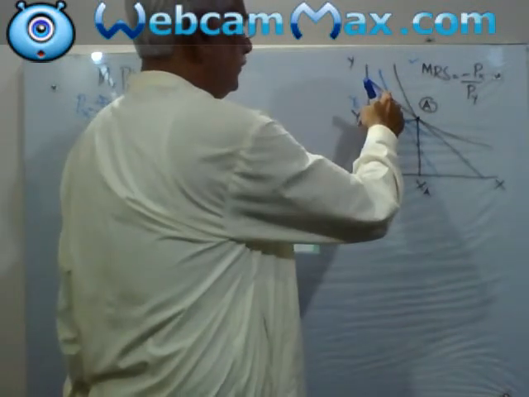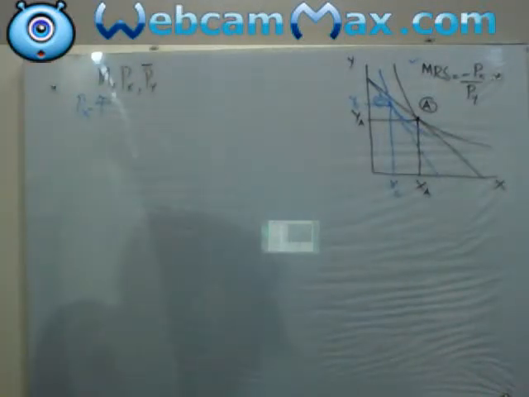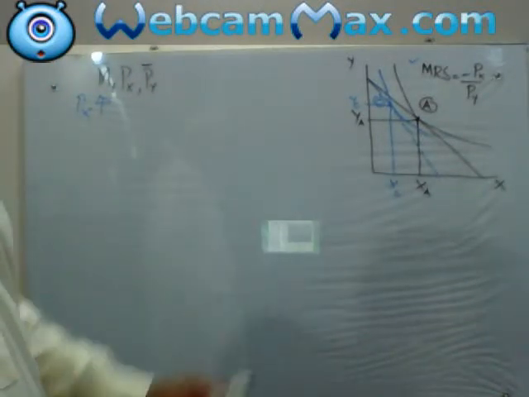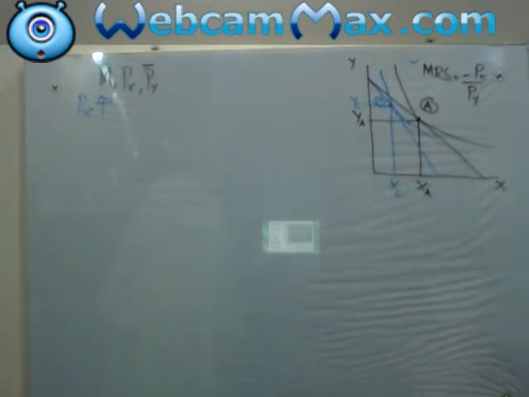Okay. So the consumer is at a new equilibrium point consuming XC of X commodity and YC of Y commodity.